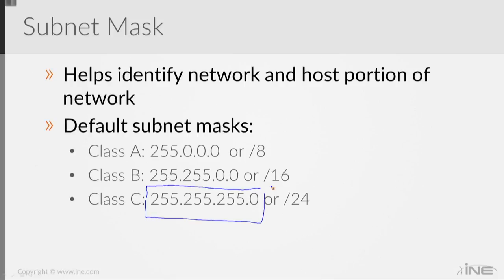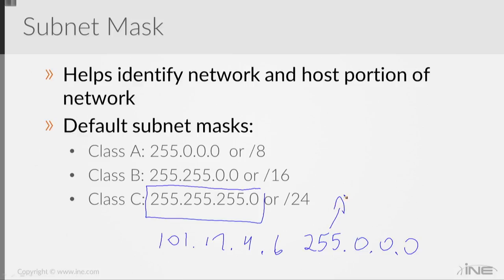So just like the IP address is dotted decimal, 101.17.4.6, you would then have to provide the subnet mask, 255.0.0.0.